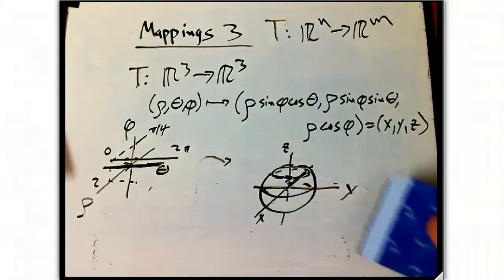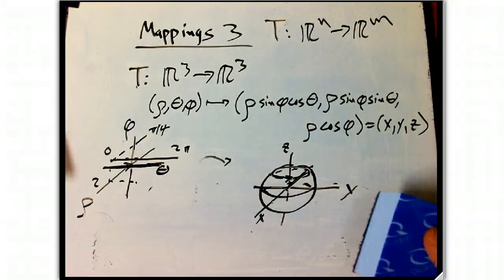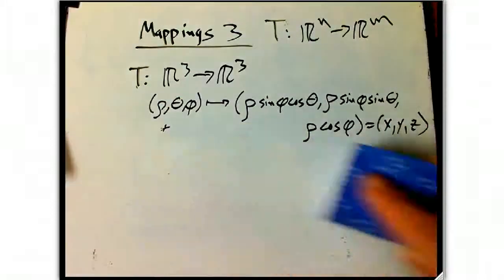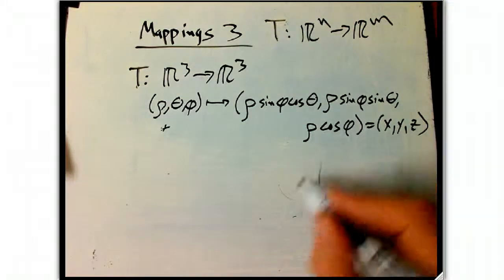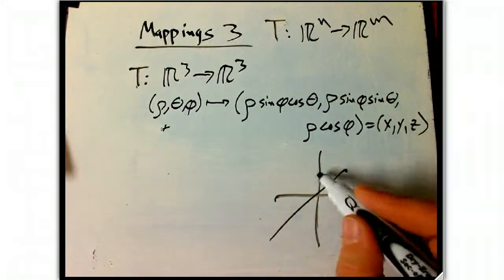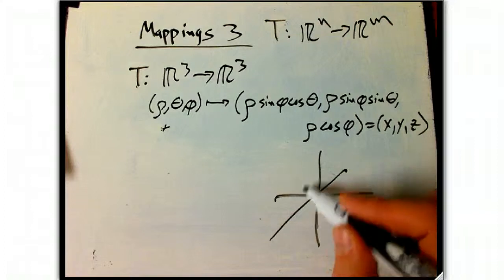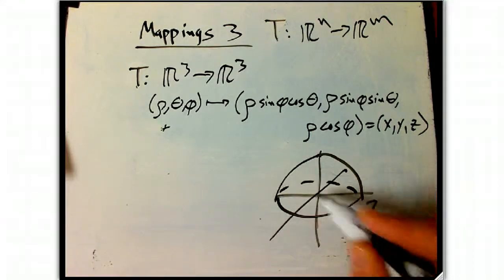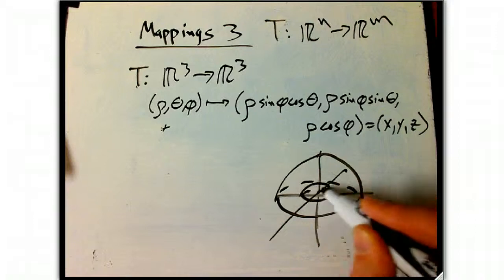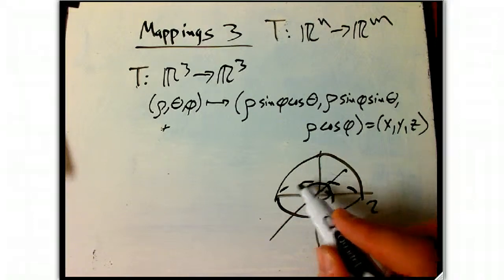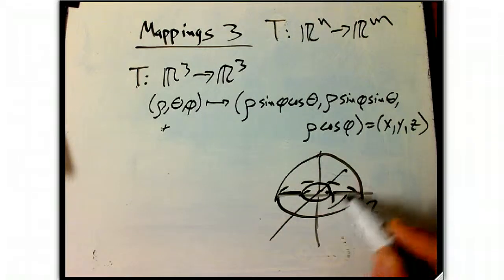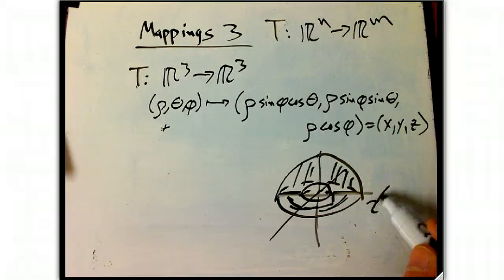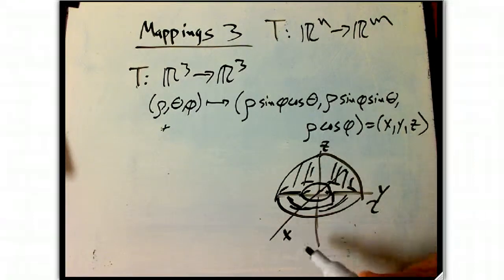Okay. So what about coming backwards? That's what we do all the time when we set things up in spherical coordinates. We have a region, like the region inside this hemisphere of radius 2, but outside this hemisphere of radius 1, and let's say it's only this part in front of the YZ plane.